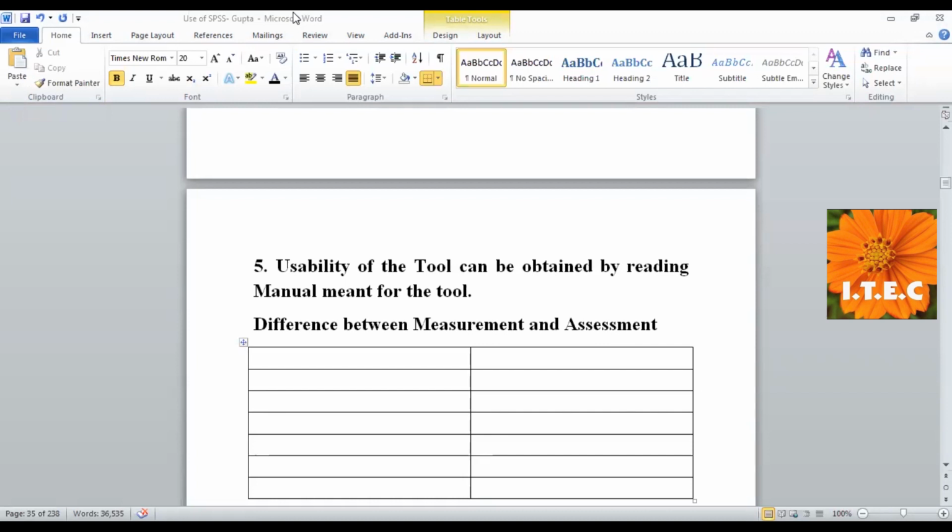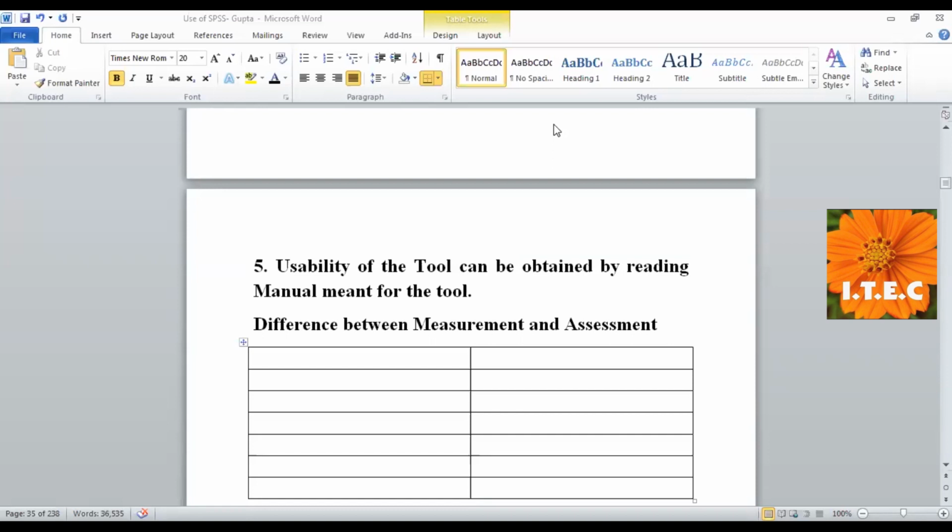Gaurav, standard deviation indicates differences within group. Gaurav, I repeat, the standard deviation indicates differences within the group, and standard error indicates differences amongst the groups.